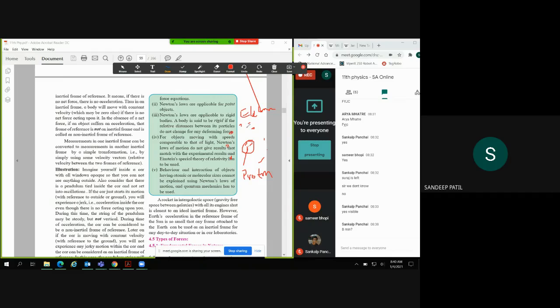So if we want to study the speed of the electron, or the force interaction between this proton and electron, or there are neutrons also at the center, if we want to study those types of things, the interaction between those electrons and protons and their motions, then Newtonian mechanics doesn't work, right? So we have to use quantum mechanics.